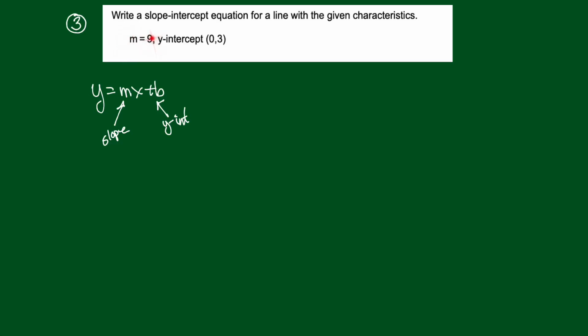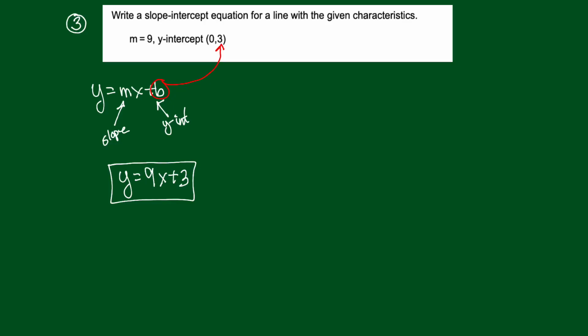M, the slope, is 9, so I can put a 9 in here, and the y-intercept is 0, 3, and the b is just this, all right? The b is the y value of the y-intercept. So I'm going to write this equation like this. Y equals m, which is 9x, plus b, now b is 3. That's it.